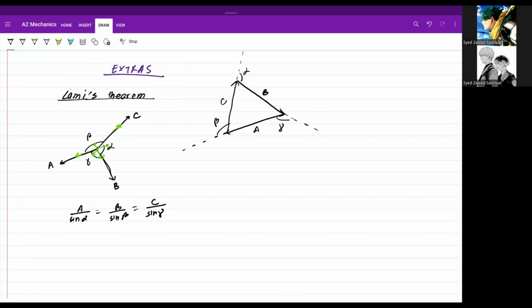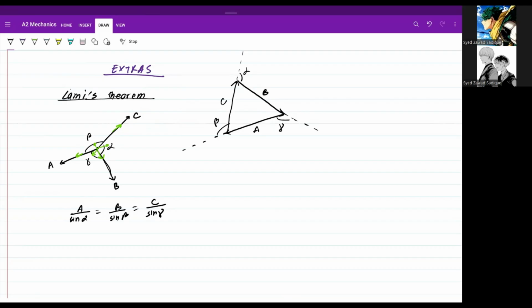Very simple. Between A and C, you have angle beta, as we can see from the left-hand side. Between A and B, we have gamma, and between B and C, we have alpha. So that's how we resolve.